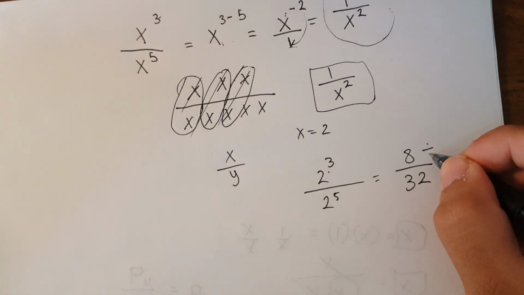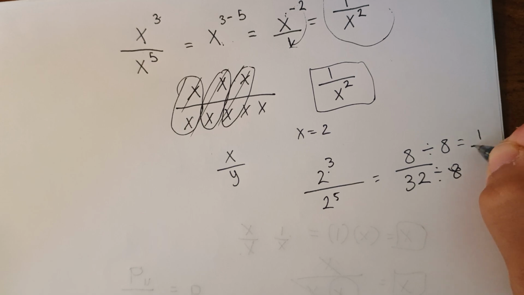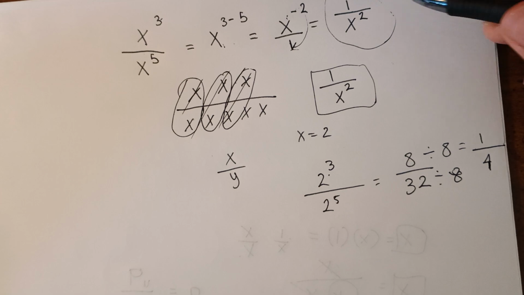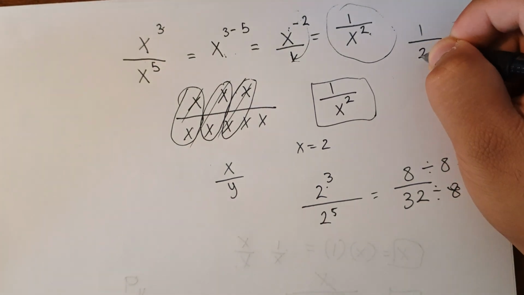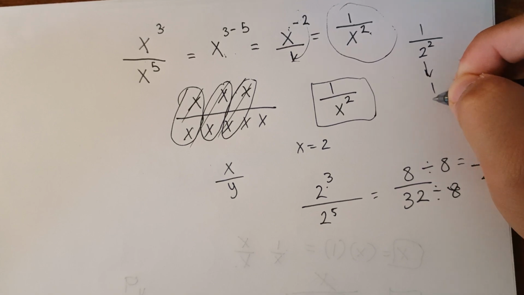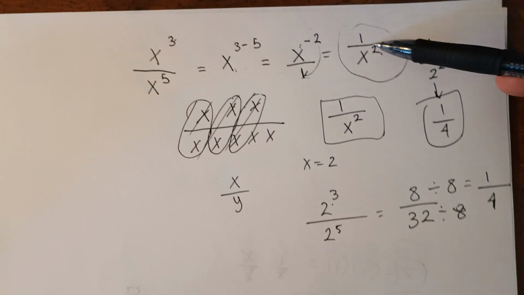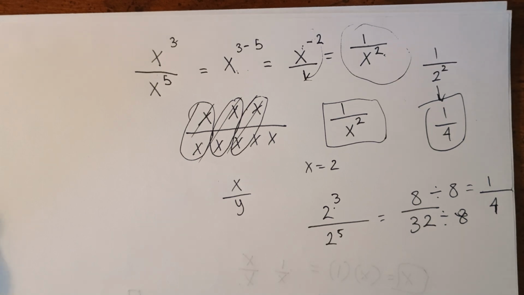If I were to simplify, just divide both top and bottom by 8, I would get 1 over 4. But because I simplified it up here, I could plug in just 2 down here, so I did 2 squared, and it's the same as 1 over 4. I got the answer way faster than doing all this. So that's why it's useful to be able to simplify something like this. It just makes it easier to work with. And that's how you divide variables that have the same base.